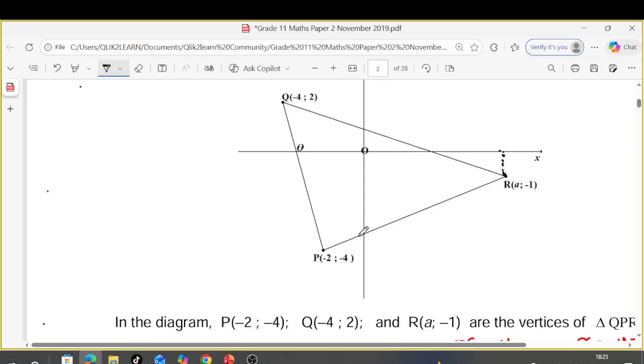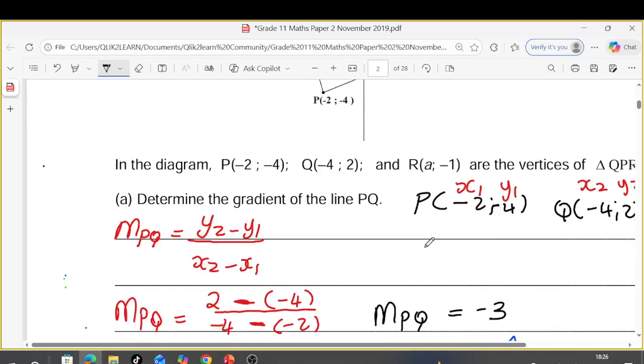Okay, just give me a second, guys. Okay, so it's half base times the height, okay? Half base times the height. Let's go and use that formula.